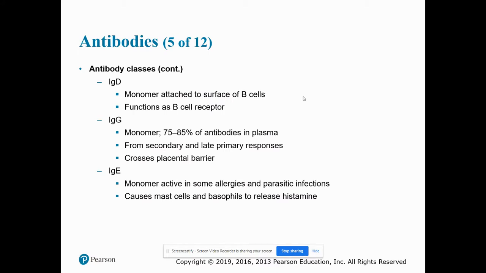We have IgD. This is a monomer attached to the surface of B cells, and it functions as a B cell receptor. IgG is a monomer. 75 to 85% of antibodies in plasma.